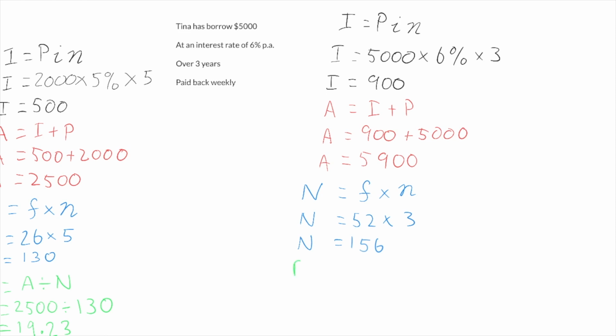So now our regular repayments is equal to our total amount divided by our number of repayments. So regular repayments equals 5900 divided by 156. So our regular repayments actually equal $37.82.